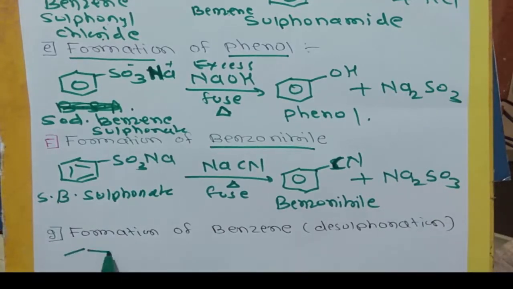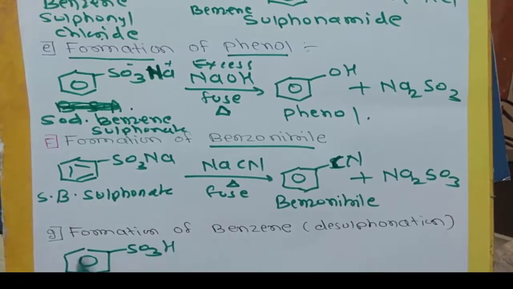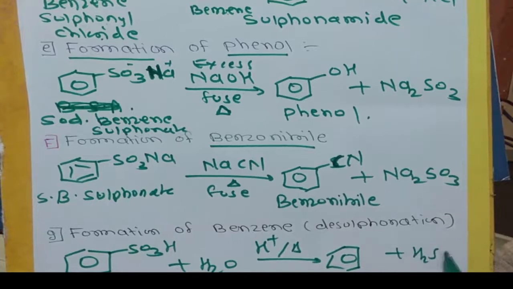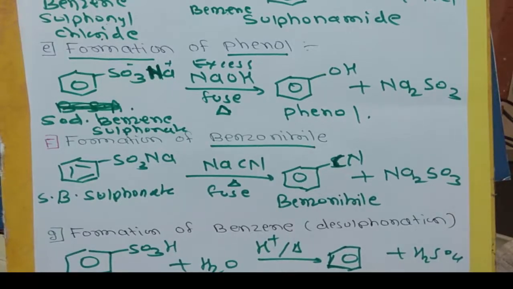Next reaction is the formation of benzene. Here SO3H, benzene sulfonic acid, is reacted with water. In acidic solution, they are heated, and there is a formation of benzene only, along with H2SO4.